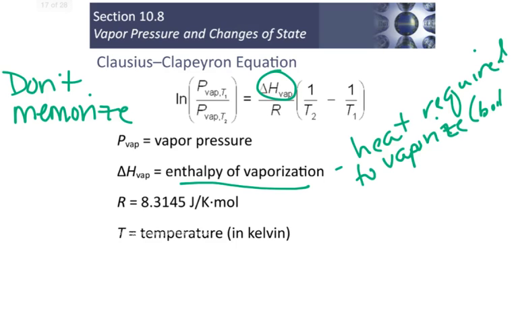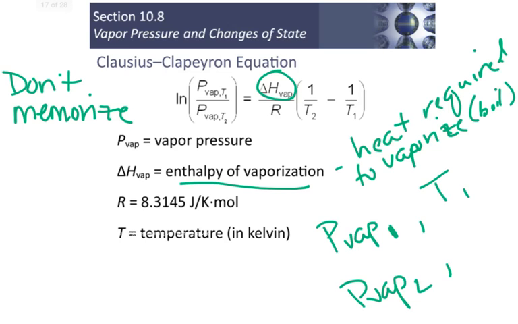All right, so with this, you would need to know two sets of ordered pairs. You would need to know the vapor pressure, which is P vap, at one temperature and that temperature, and you would need to know the vapor pressure at a second temperature and that temperature. So you need two different sets of pairs.